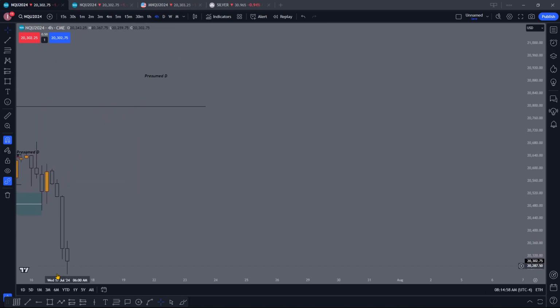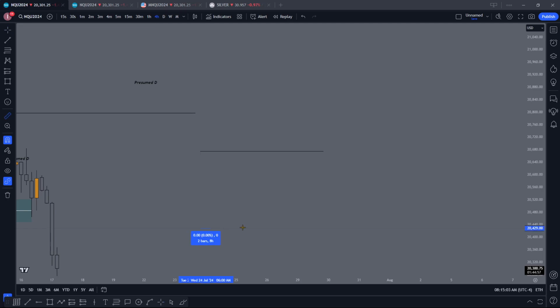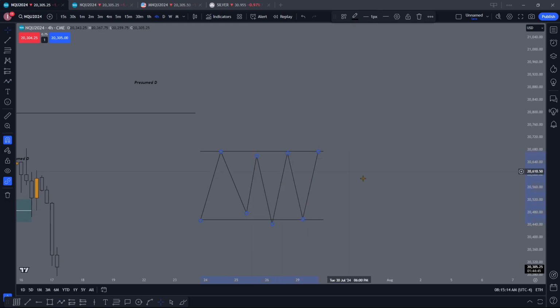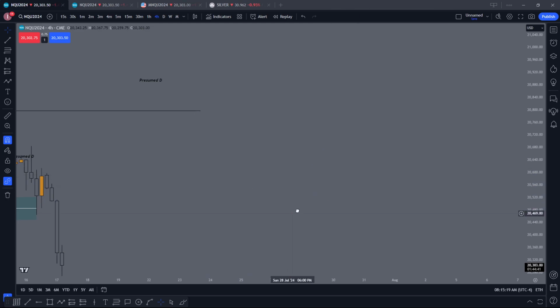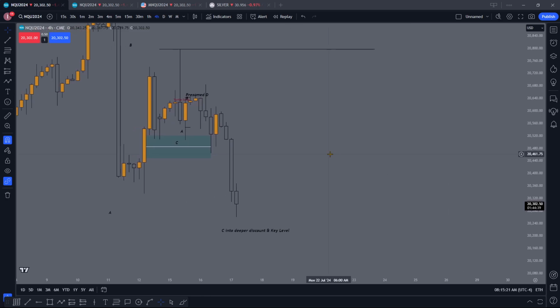Doesn't this make more sense than, oh, there's an imaginary roof and imaginary floor, and price bounces within these two imaginary levels because I say so? Price does not move based on trend lines. It does not move based on indicators. Indicators are just a pressured and condensed form of what's happening on your screen.